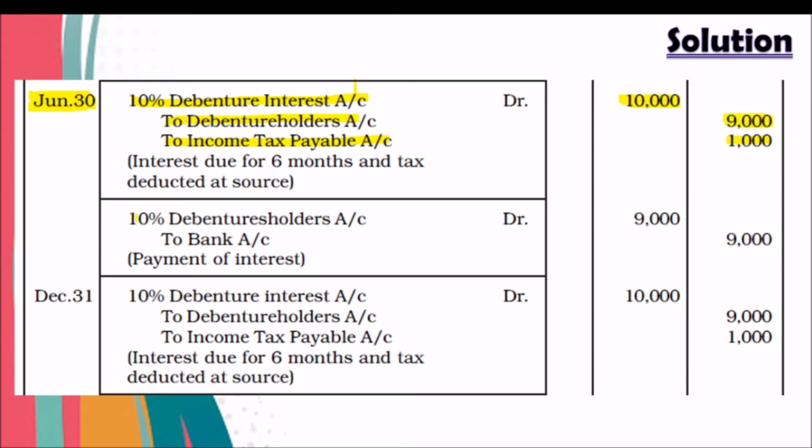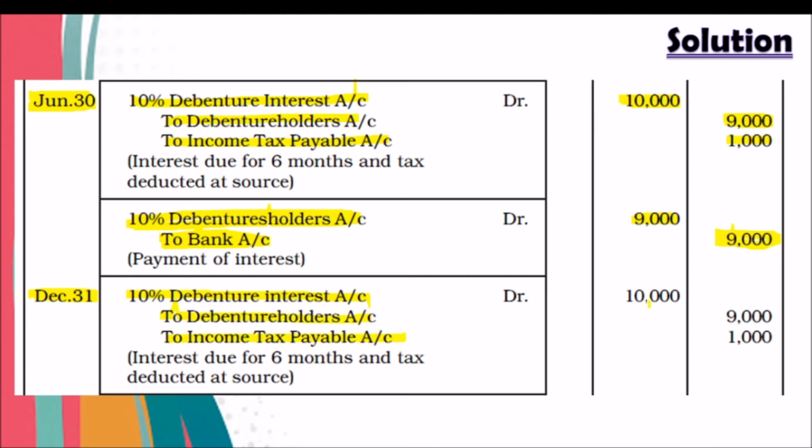And when we pay the amount to the debenture holders, debenture holders account to bank, we are paying the first installment of interest 9,000. And on December 31st, again the due entry for the remaining amount of interest: 10% debenture interest account debtor to debenture holders account, to income tax payable.